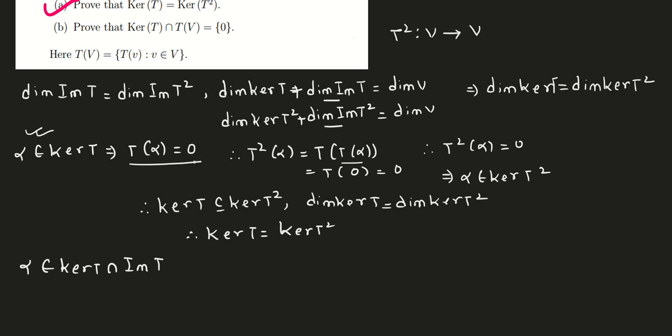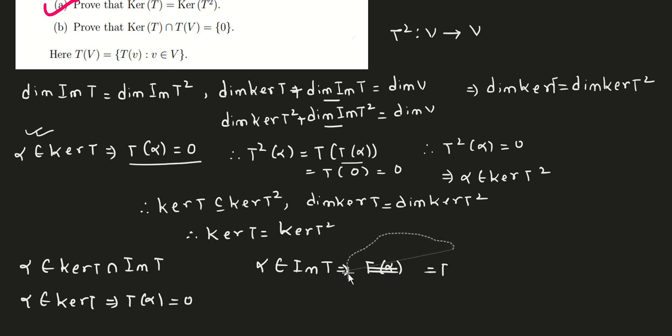As alpha is the intersecting vector between these two subspaces, alpha belongs to ker T. Alpha belonging to ker T implies T of alpha is equal to the zero vector, and also observe that alpha belongs to TV. This implies I can write alpha equal to T of some beta, where beta belongs to V.